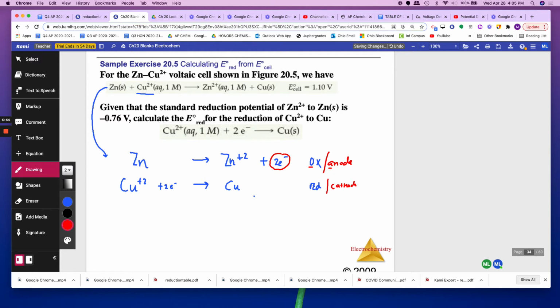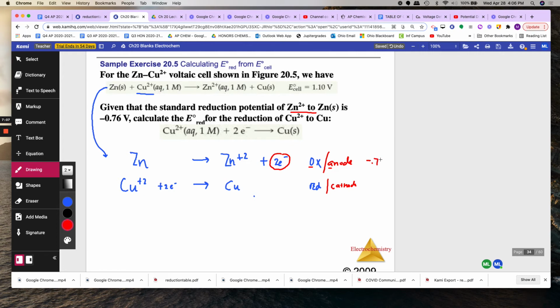Given that the standard reduction potential of zinc 2 is negative 0.76, so the reduction potential of this, as you see in the chart, is negative 0.76. That's what it's saying. And reduction potential, meaning it's really written backwards on the chart. Okay, you have to remember that.